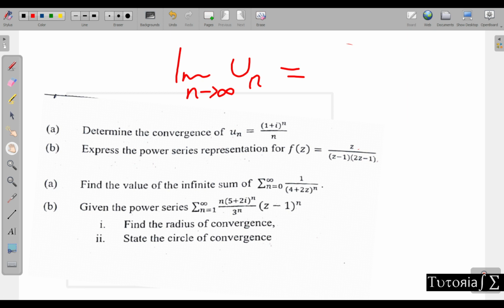But just to find the convergence of the sequence, you just take the limit as n approaches infinity.